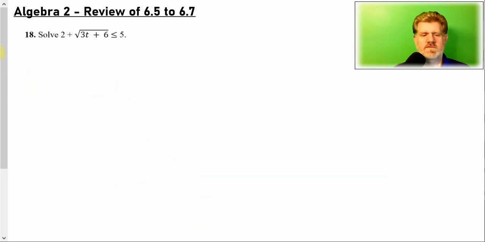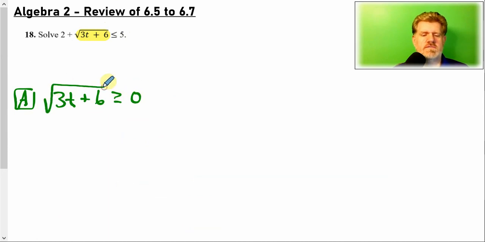Lastly, the dreaded inequalities. How can a stupid little symbol like that make this problem so much more difficult? That's okay. First, we have to understand that that has to be bigger than 0. Right? Square both sides.